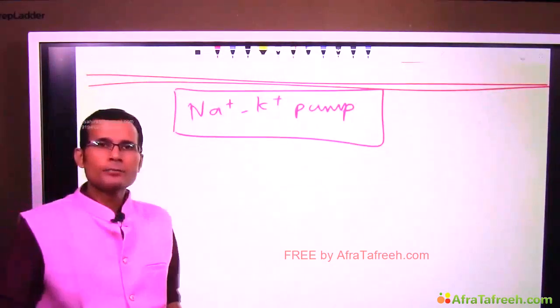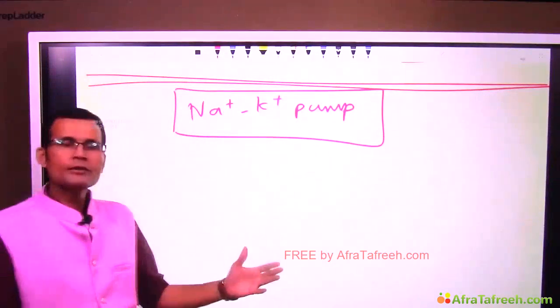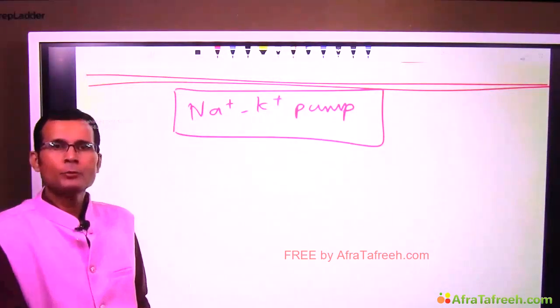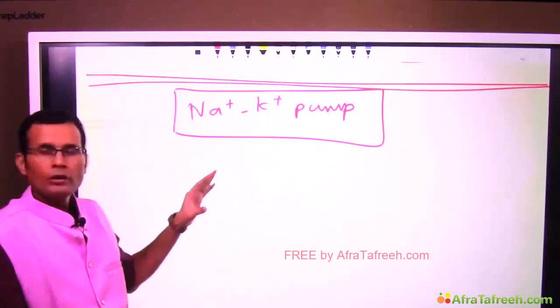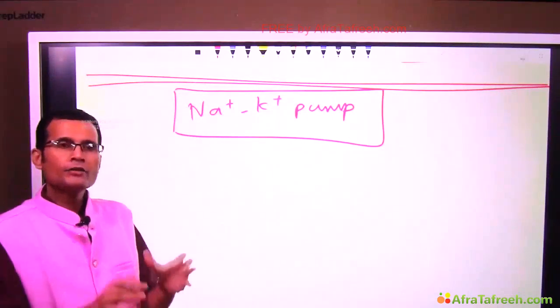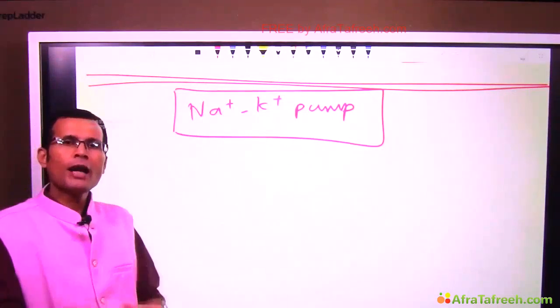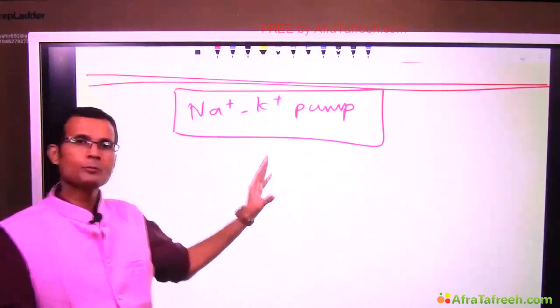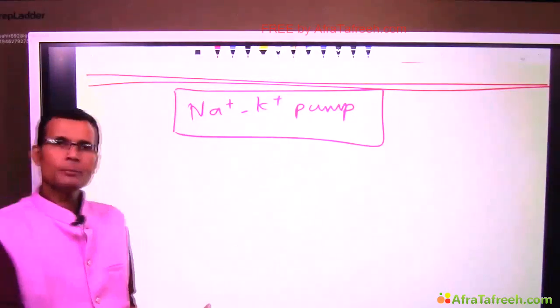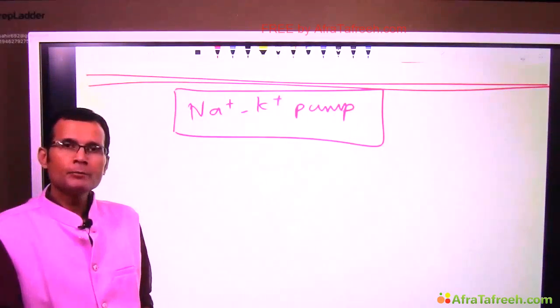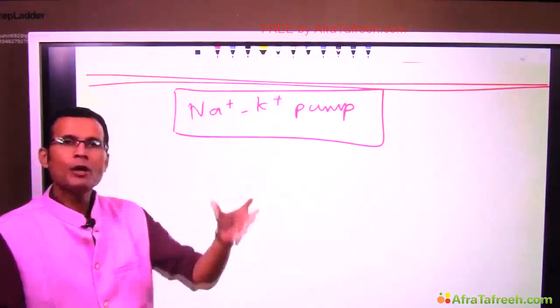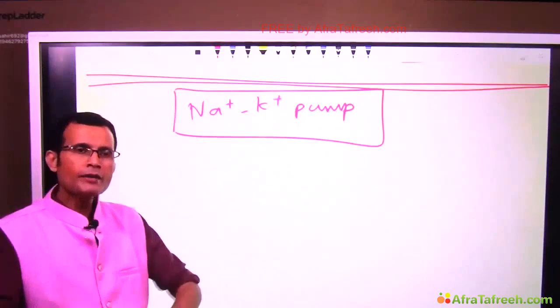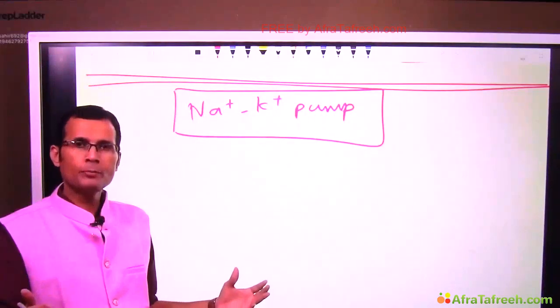Let's understand this. Just before this, when we discussed secondary active transport, we said that secondary active transports are absolutely dependent on the sodium potassium pump, which is a primary active transport. The sodium potassium pump breaks down the ATP, throws the sodium out of the cell, and that creates the concentration gradient for sodium.